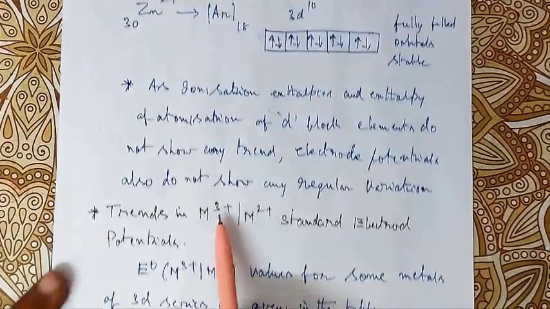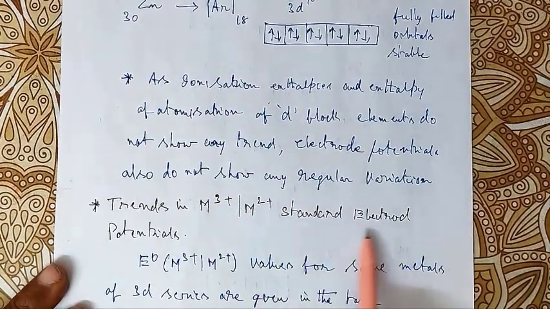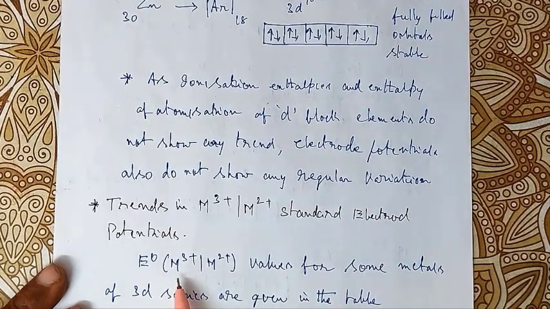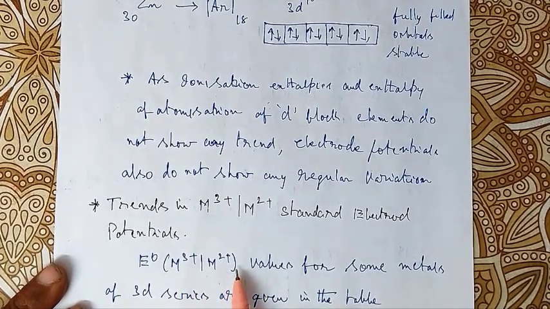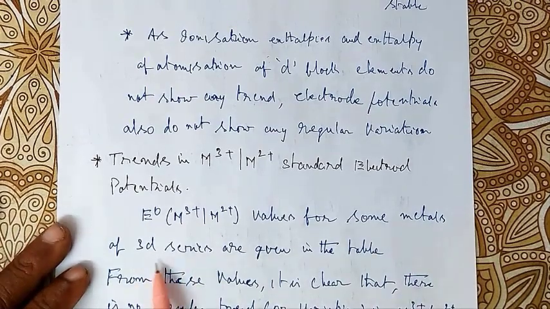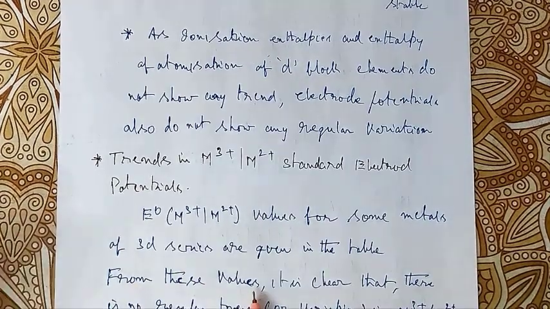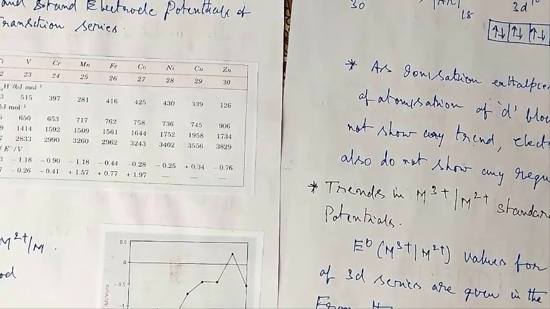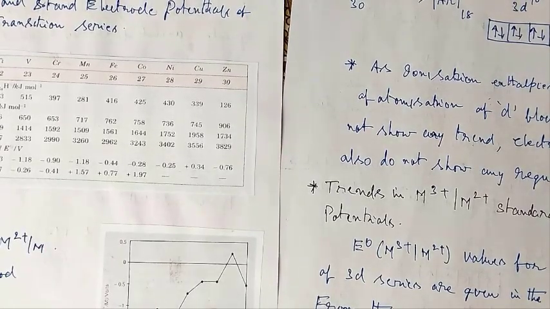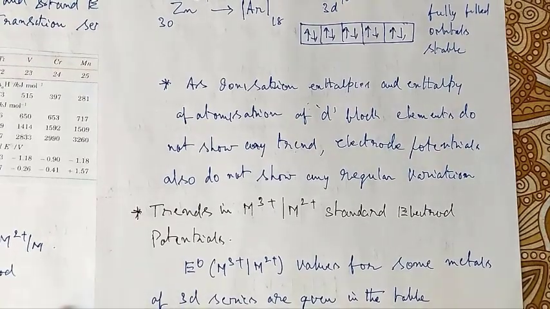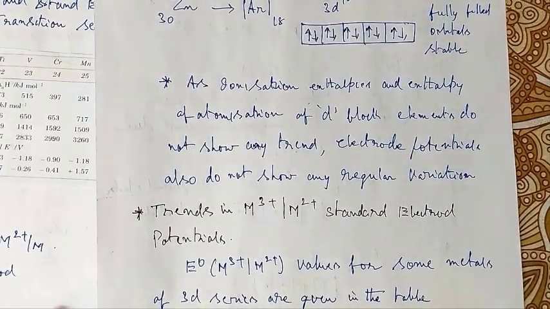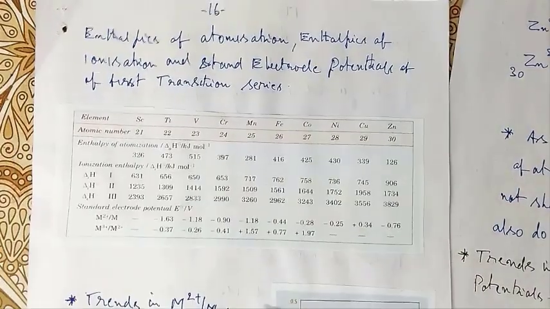The trends in M3+/M2+ standard electrode potential. E naught values of M3+/M2+ for some metals of the 3d series are given in the table. From these values it is clear that there is no regular trend or variation in M3+/M2+ electrode potentials. See here, this is the table.